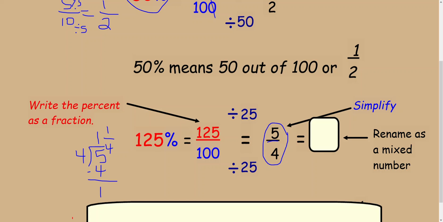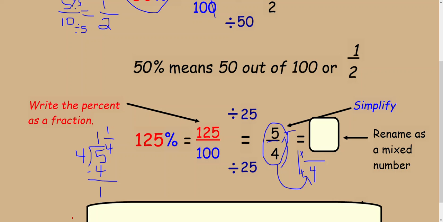1/4. But what I like to do is I like to say 4 goes into 5 one time, and I put my fraction bar. I keep my denominator the same, and then I go around. 4 times 1 is 4, plus how many more equals 5.